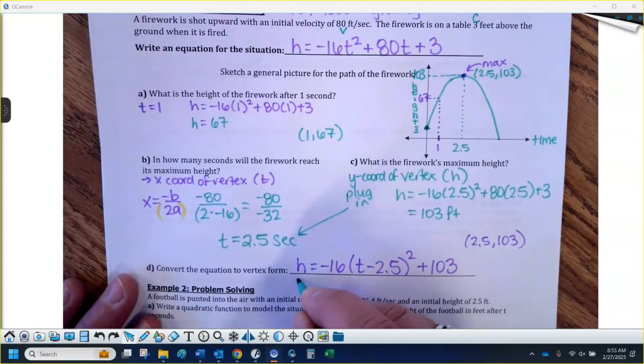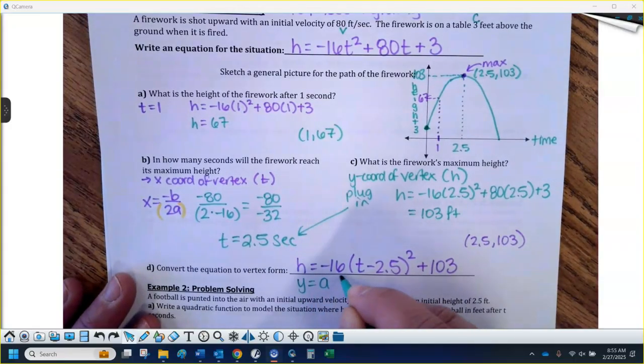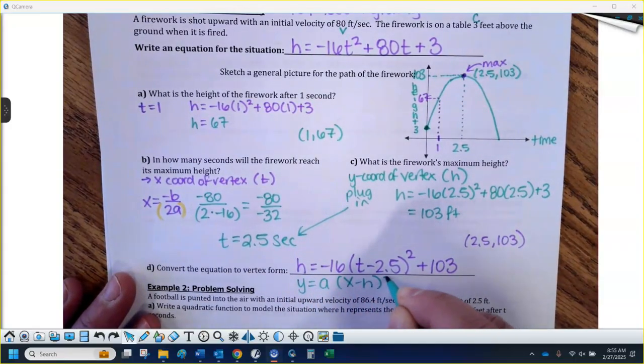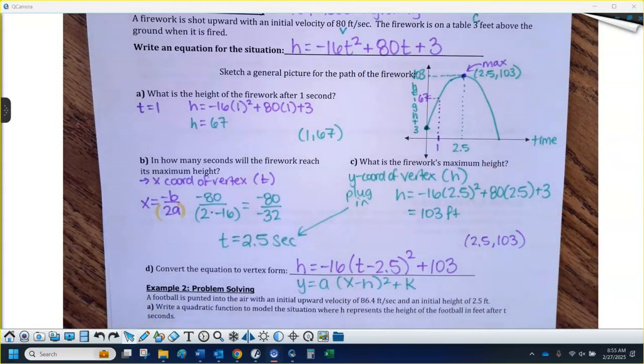This is your y equals a times x minus h squared plus k. And I'm really not trying to confuse you because I know the general form has an h in it, but it doesn't actually represent height. They just usually use h and k to represent the vertex. That's the format I'm putting it in. It's the A value, same in both forms.